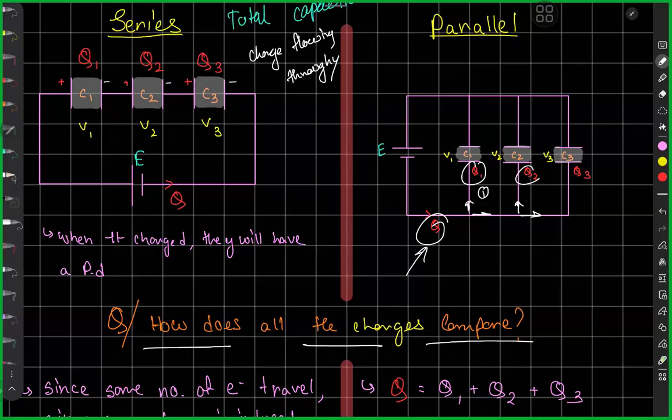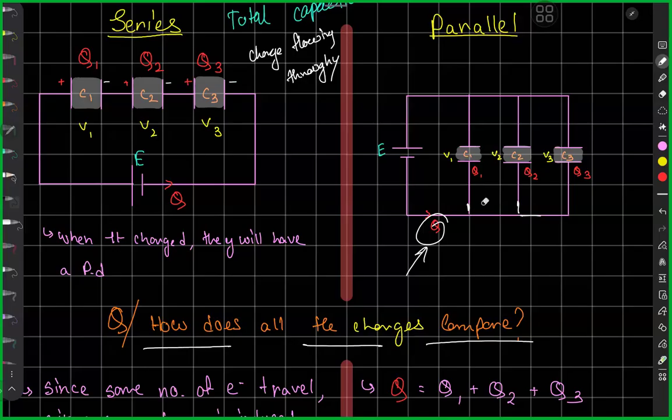Now, all of these Q1, Q2, and Q3 may be equal if all the capacitances are equal. That is fine. But Q1 is not equal to the total charge, and Q2 is not equal to the total charge, and neither is Q3, because as charge came through, it got distributed across two paths. Okay, that's the point.